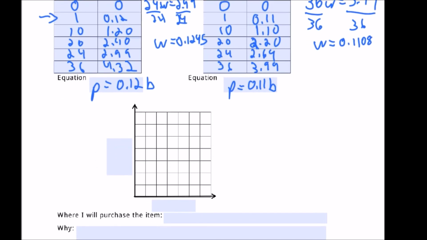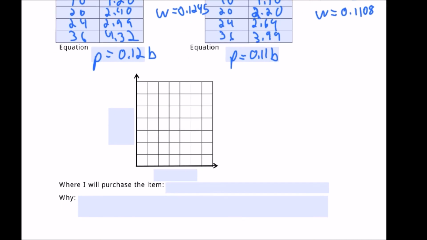And then the last couple things you've got to do is make your graph, and it says to have 2 lines on this graph. So it's going to be a double line graph. Down on the side you want price, and or cost, I guess we could call it.